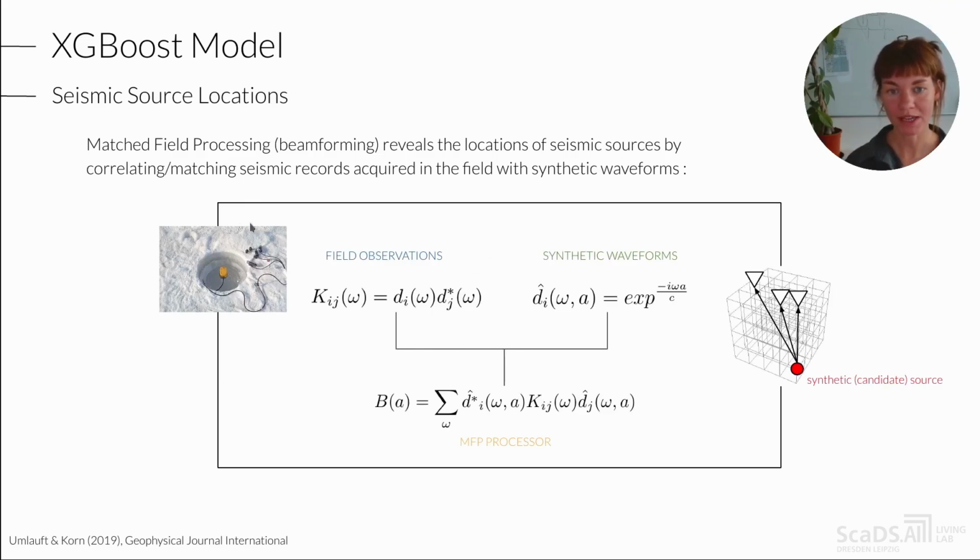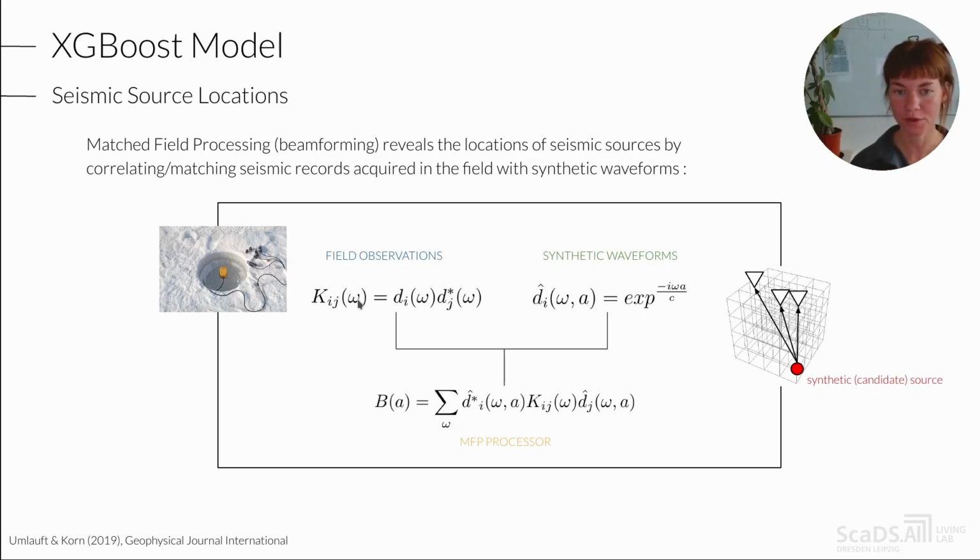So we have on the one hand here our field observations. Here you can see a seismometer, so the sensor itself installed on the ice in the field. And we have these sensors 100 times, as you saw before. So what we're going to do is that we compute the cross-spectral density matrix of all sensor pairs, while I would be sensor 1 and J sensor 2.